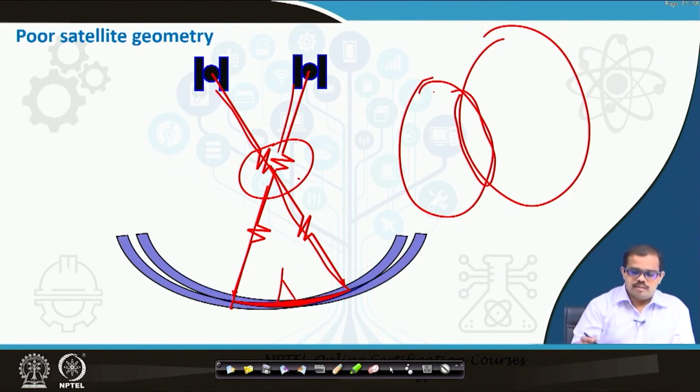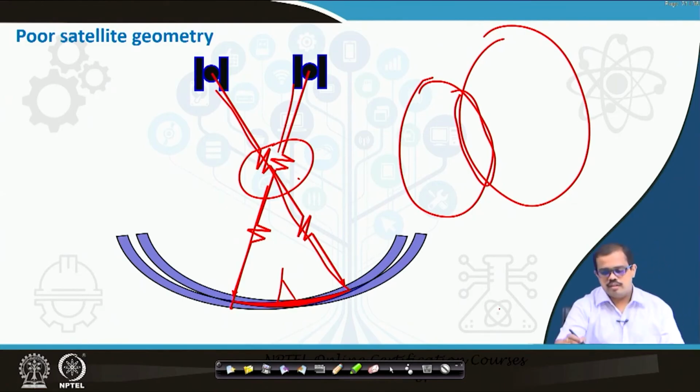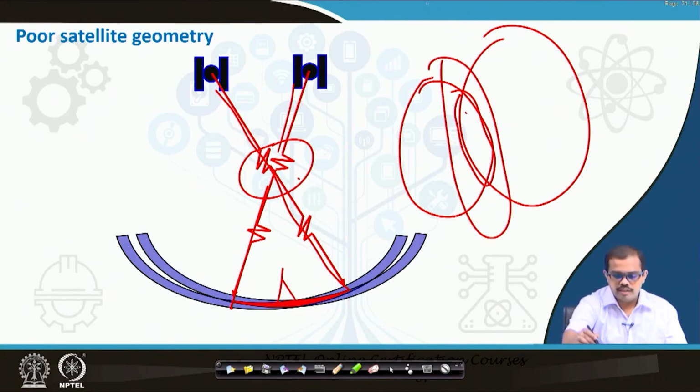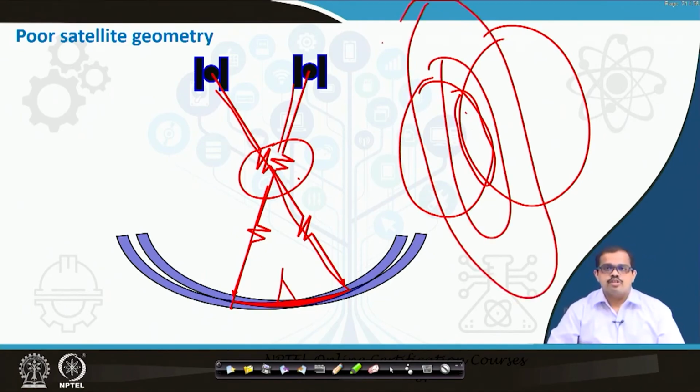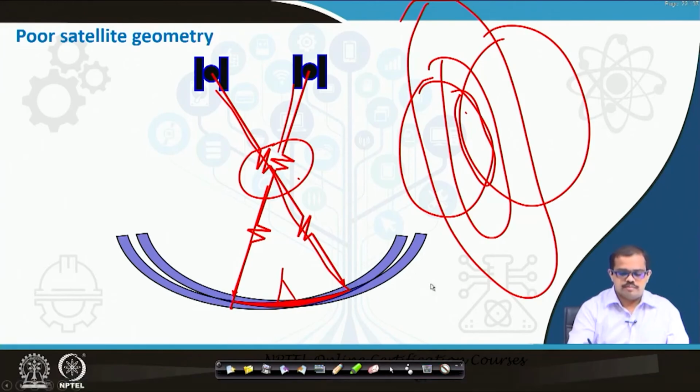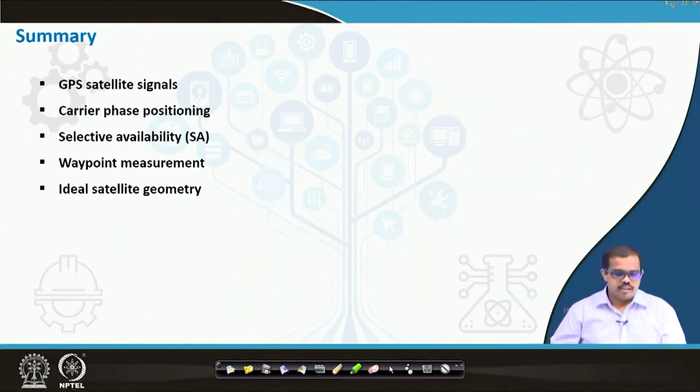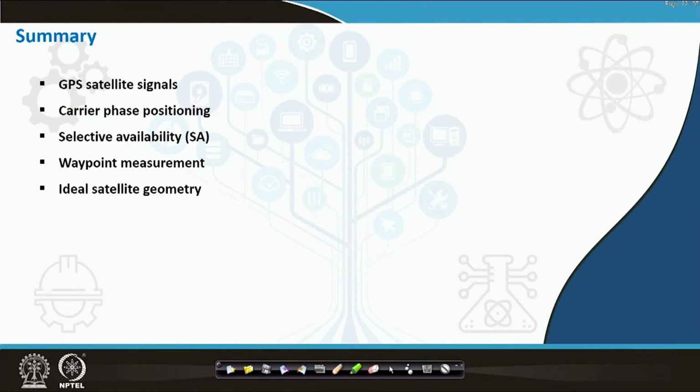With the way the previous two signals were indicating, it would have given the location somewhere in this region, but now it is giving a location somewhere here. That is how the distortion in your locational information increases in terms of positioning service. So in case you have a poor satellite geometry, this is what may actually happen, and that is not good for your analysis, especially when you are connecting validation data.